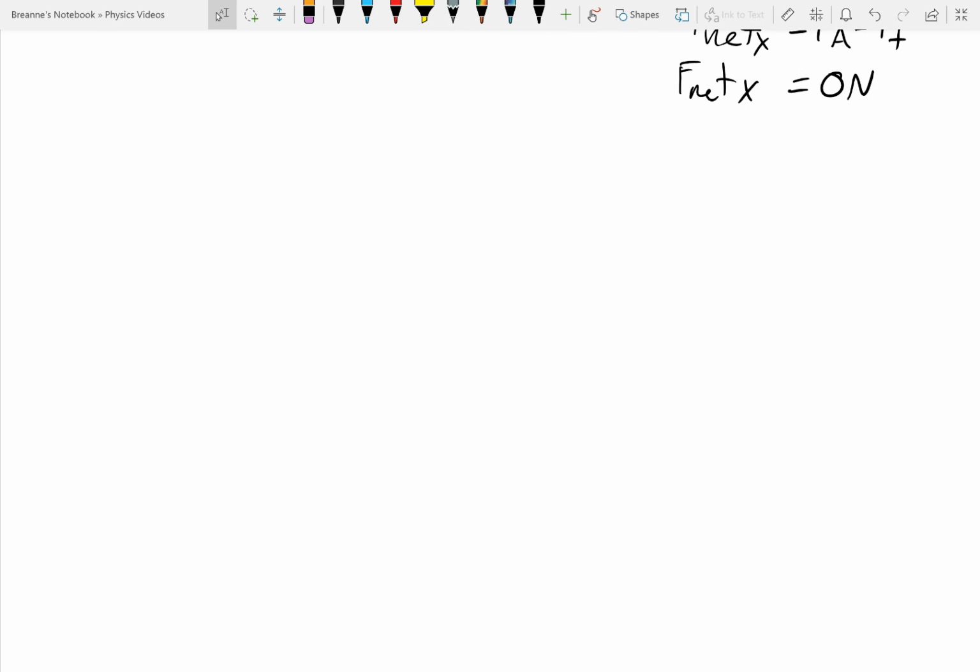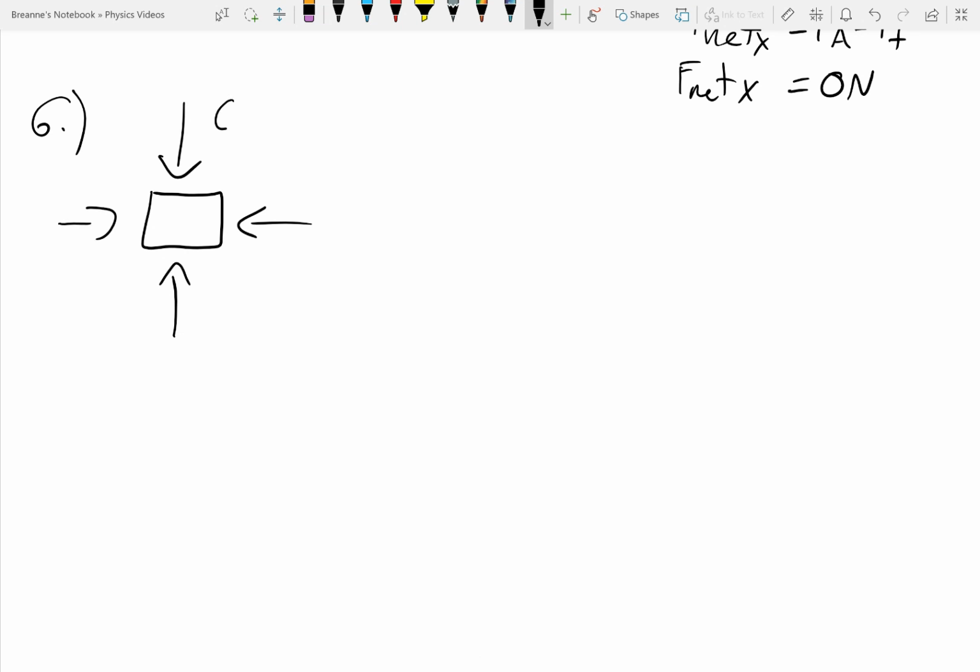I'm going to jump now to number 6. Looking at number 6, you have a box, and you have some arrows coming at said box. The one going down is 6 newtons, we have 5 newtons, we have 6 newtons, and we have 5 newtons.